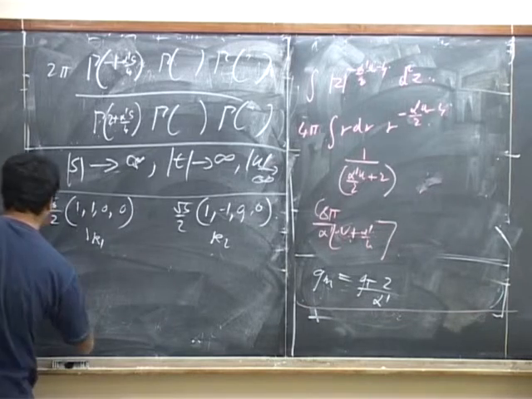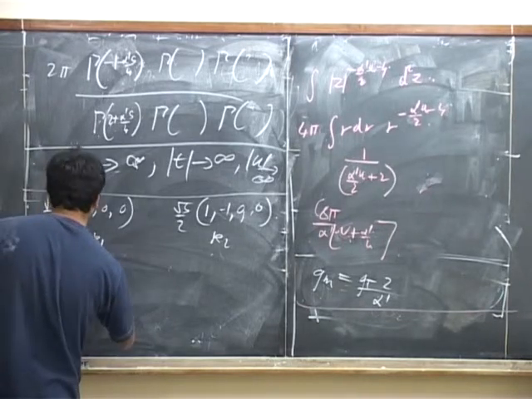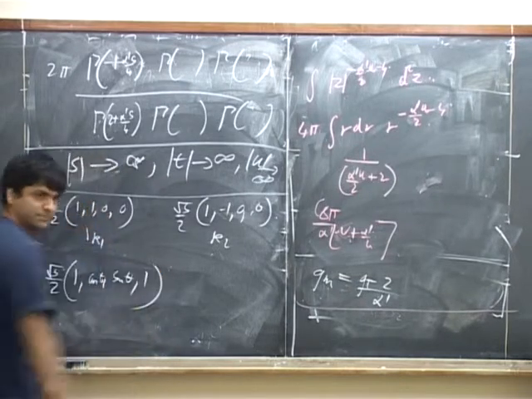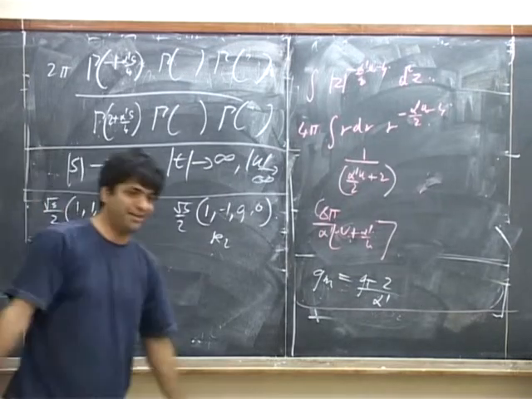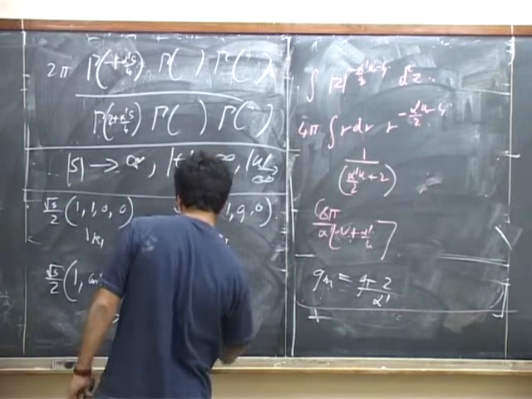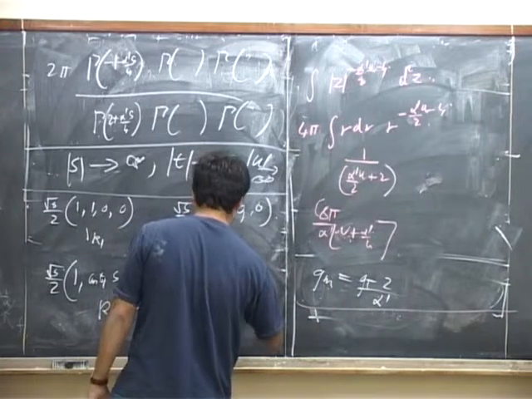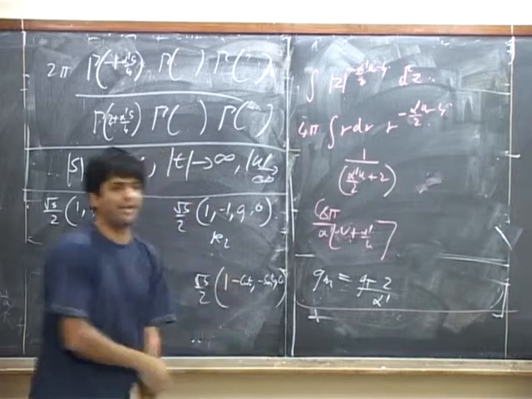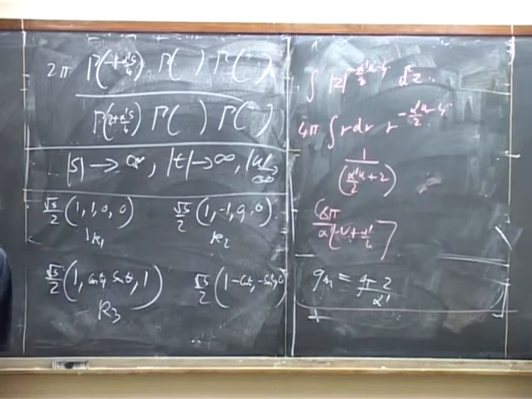So it becomes square root S by 2 times 1, cos theta, sin theta, 0. So if theta was 0, we'd have no scattering. And K4 is square root S by 2, 1, minus cos theta, minus sin theta, 0. So the momentum continues to add to 0 after scattering.